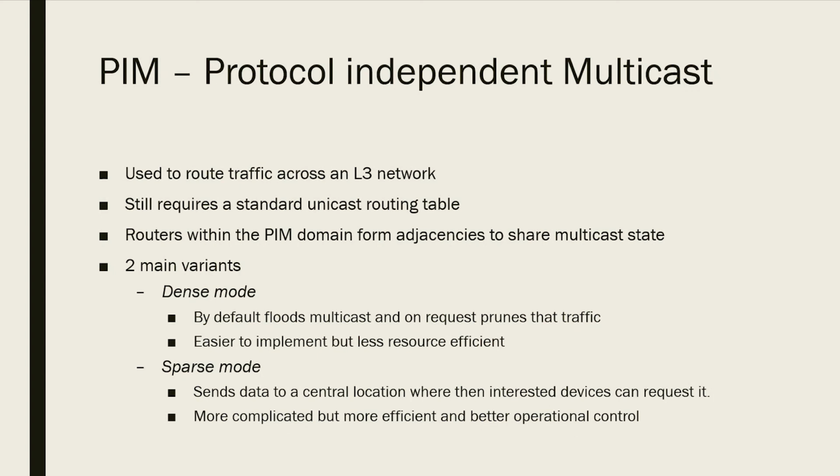It makes sure that every available PIM-enabled router within the PIM domain receives that multicast traffic, so that it understands it exists in the network, and those routers can then make their decision: is someone requesting this traffic? Yes or no? No? Okay, at that point, we're going to prune that traffic and say, hey, I'm not interested in it. Stop sending me the traffic.